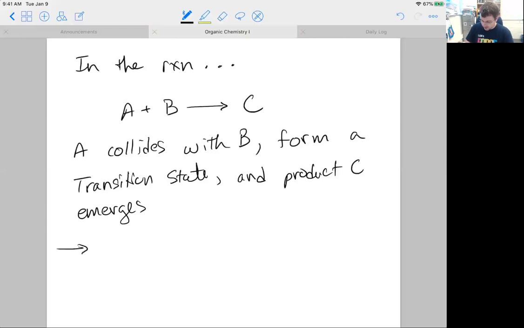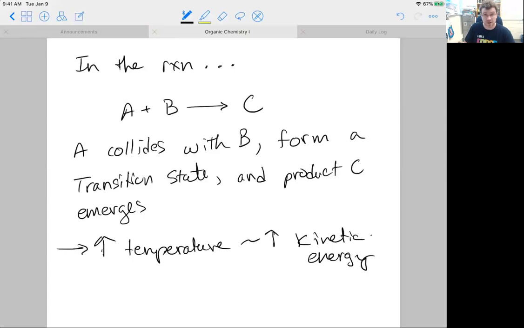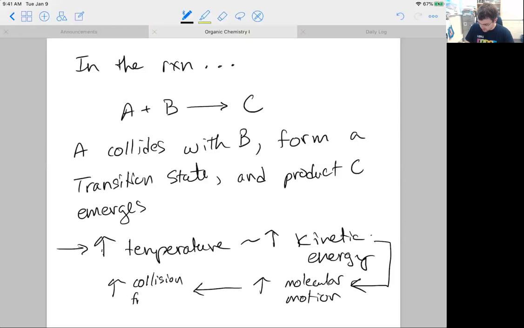With this in mind, if we have an increase in temperature, we then have an increase in kinetic energy, which is energy due to movement. When we say a collection of molecules has higher kinetic energy, what that's saying is they're moving more often, which leads to an increase in molecular motion, which then leads to an increase in collision frequency.